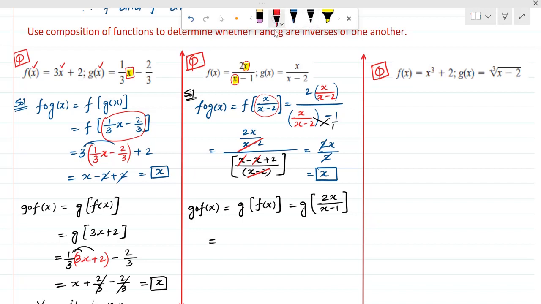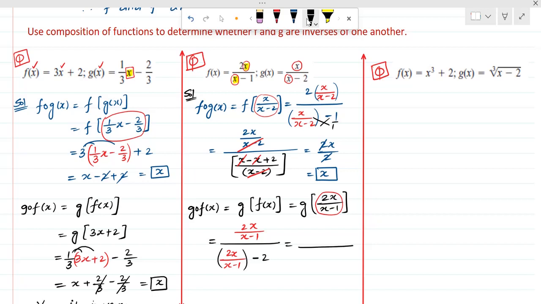Whenever g is there, I have to replace x here. So x is now 2x over x minus 1, here 2x over x minus 1, and here we will have over minus 2. Now how will you simplify this one? It's the same rule.